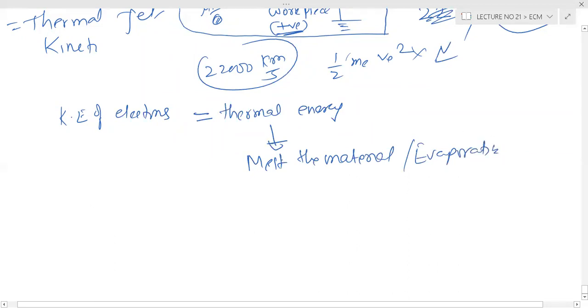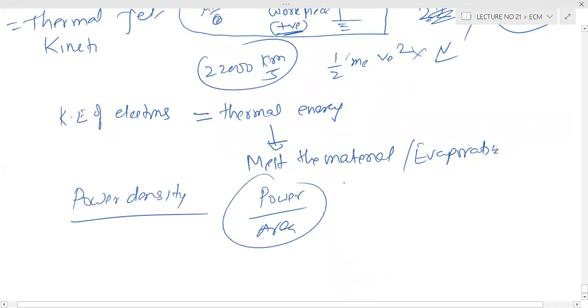And one more thing, one is called power density. What is power density? It is power divided by area. Power density high means area is small.